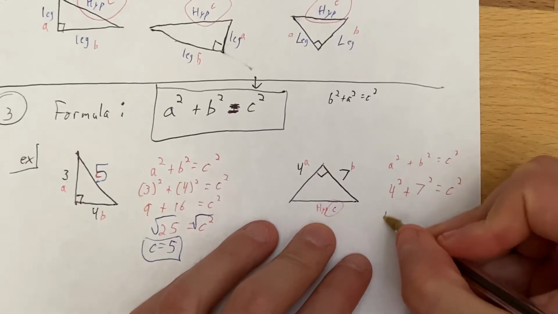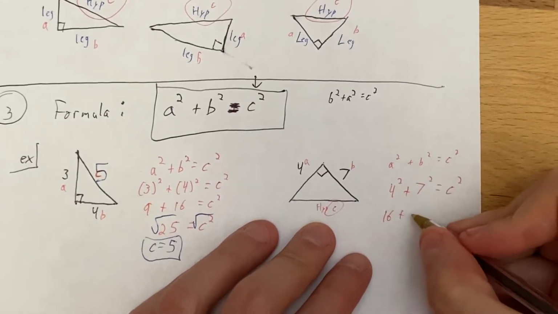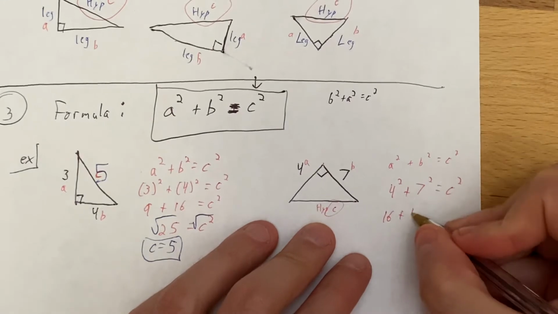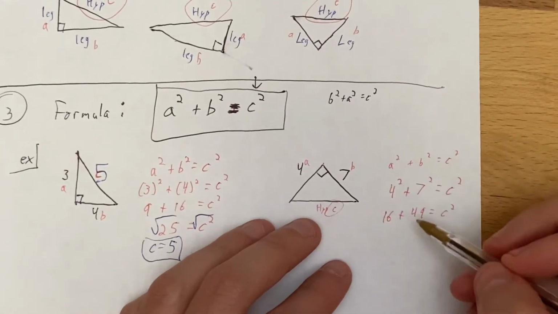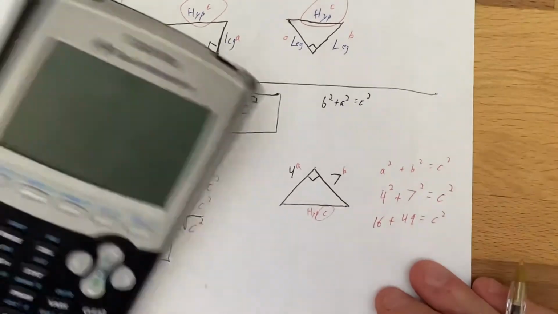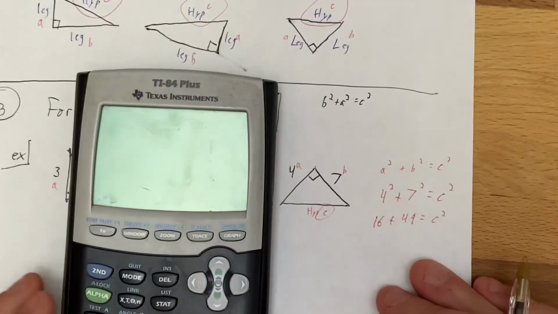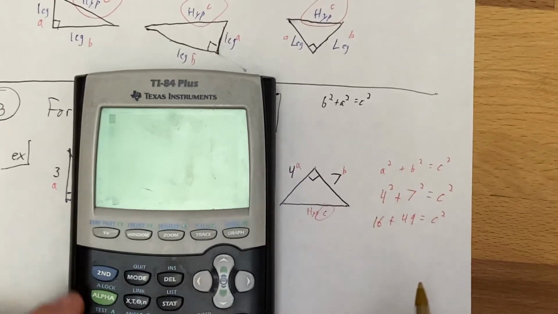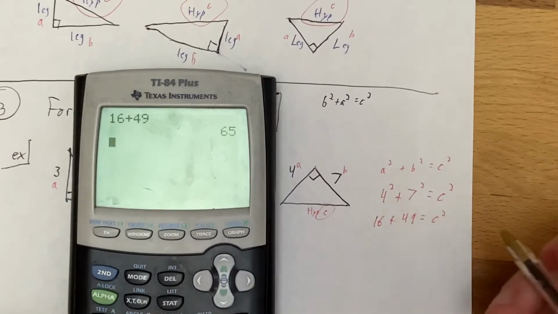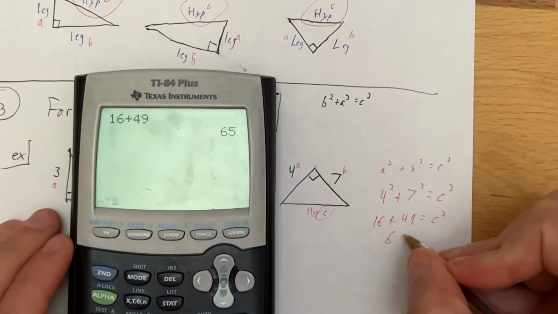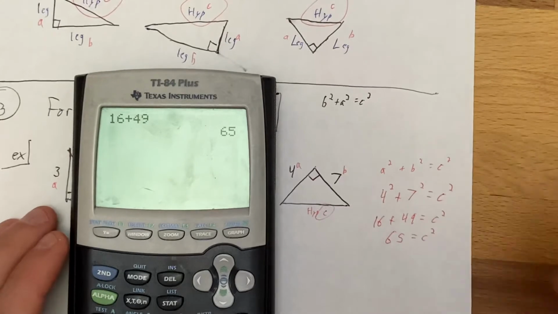4 squared is 16. 7 squared is 49 equals c squared. 16 plus 49, you know, worst case scenario, you can always use a calculator. You guys have Desmos instead, but you can go to Desmos on LCPS Go and do it. But it's 16 plus 49, and as you can see, it is 65. So 65 is equal to c squared.